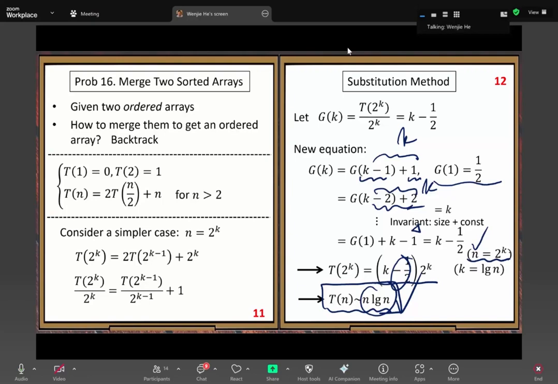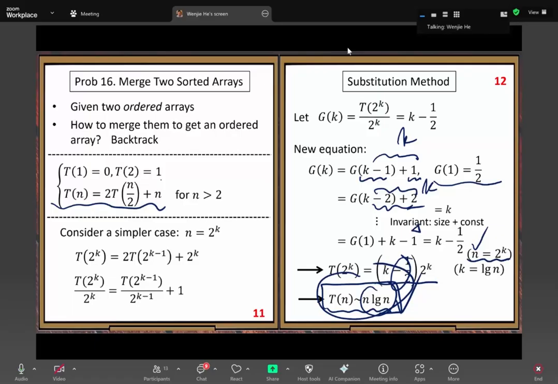But for the general case, we get the same result. For the details, I leave that to part D. In part D, when we do the quick sort, we have a similar recurrence relation, and in that case, I need to use another method to do the estimation.